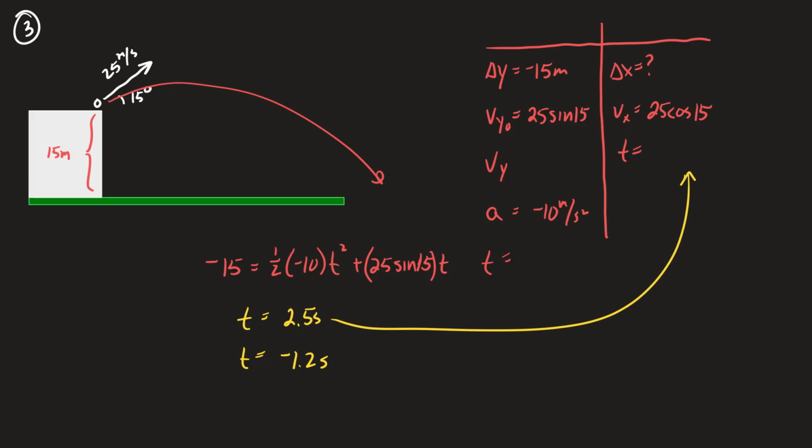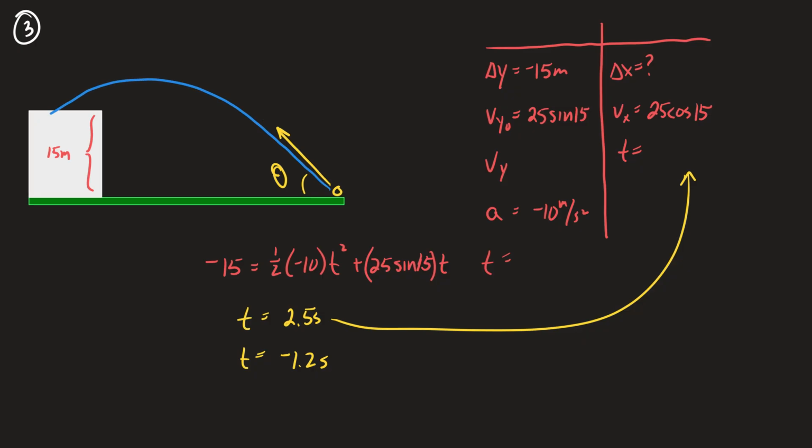But what if you were trying to do this? Or what if I wanted to go from someplace low to someplace high? And you were working this problem. This expression is giving you the time when the object is 15 meters below you.